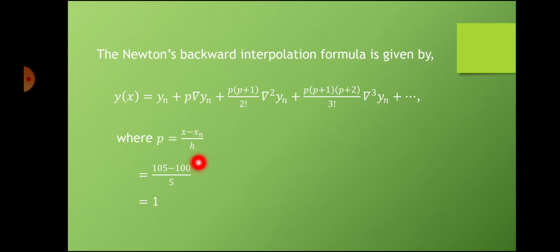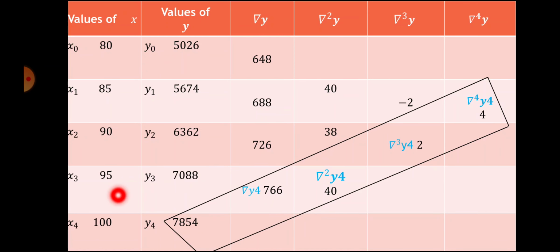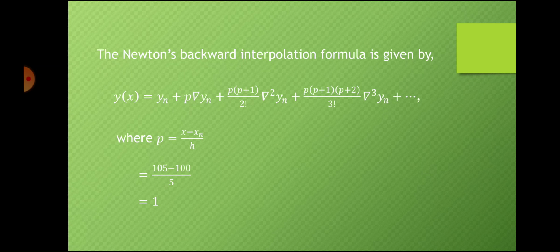Here we take x as the value that we are going to find, nothing but 105 minus xn. Xn means the last entry, that is 100, by h. As earlier I said, the interval of differencing is 5. 5 by 5, nothing but 1.